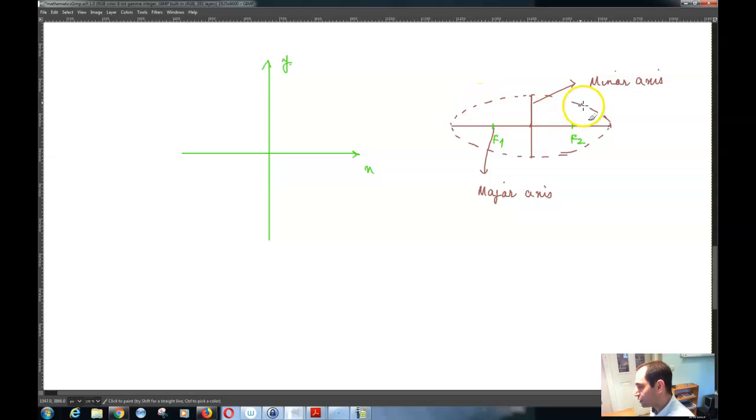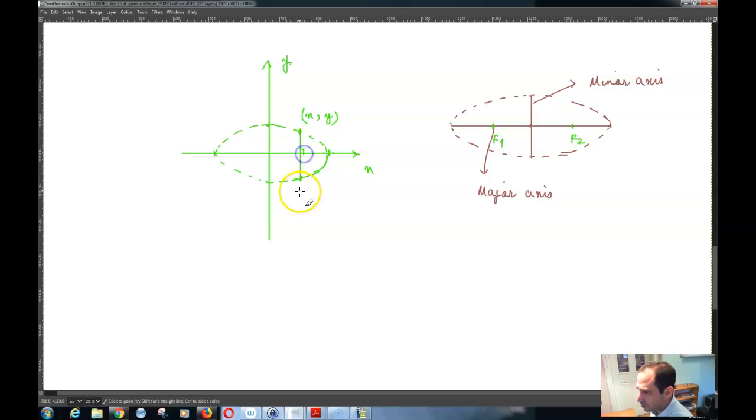Basically, based on the definition of ellipses, it just so happens that an ellipse is symmetric about the x-axis, and it's also symmetric about the y-axis, meaning that if you pick some point over here, for example, x comma y, then you will find some other point over here.